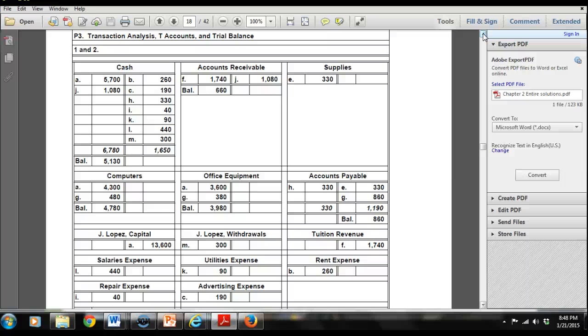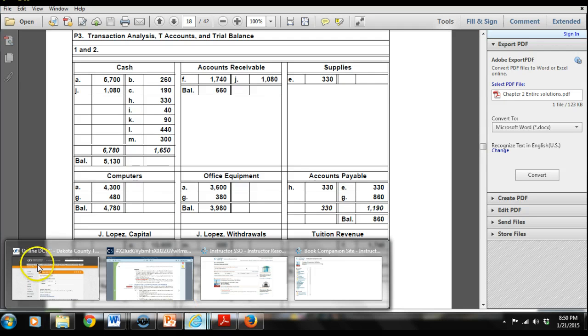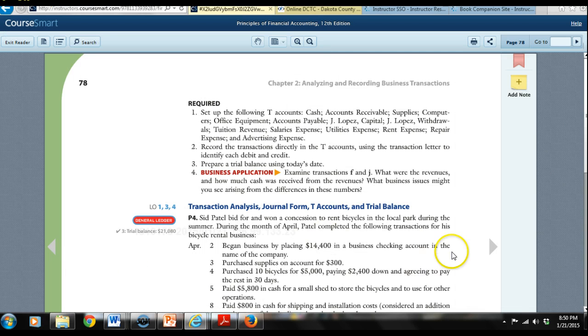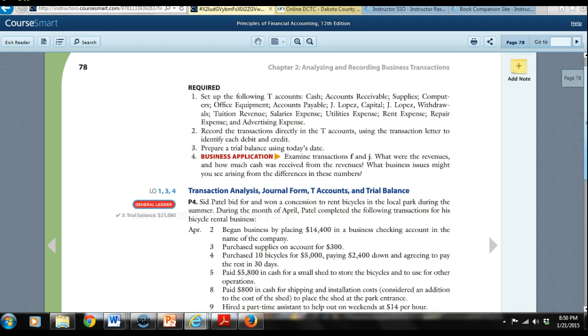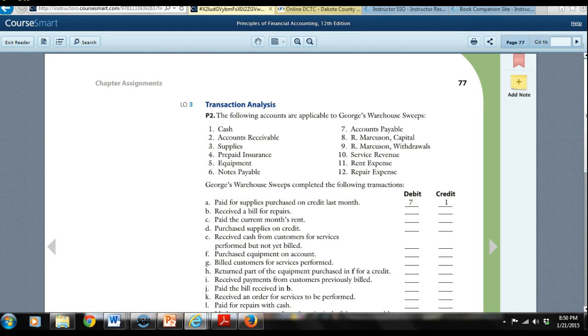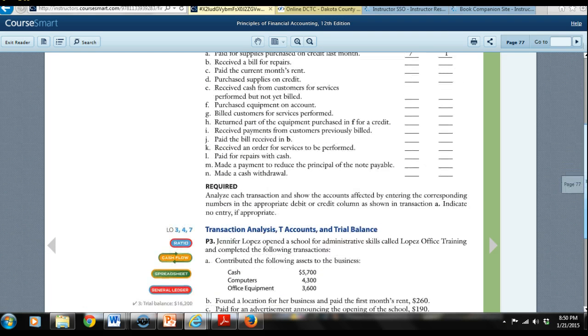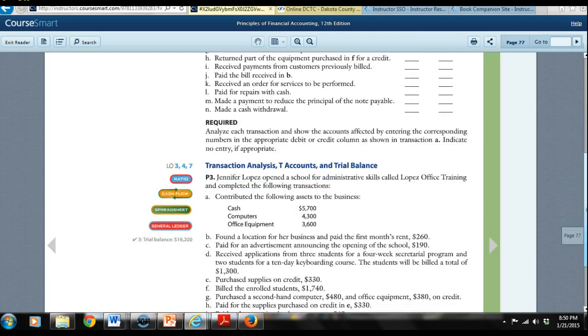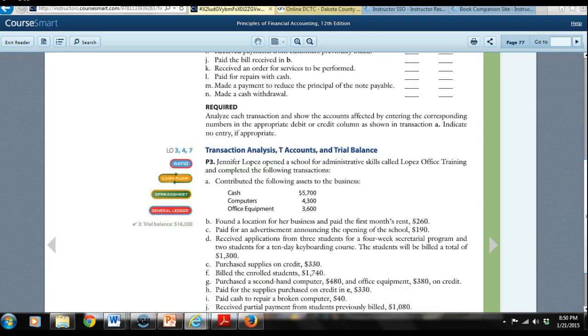I figured we'd go by the columns. We need to go by the rows here. The first portion here. Let's look at the first transaction. Contributed the following assets to the business.